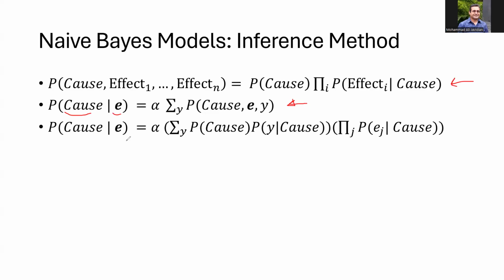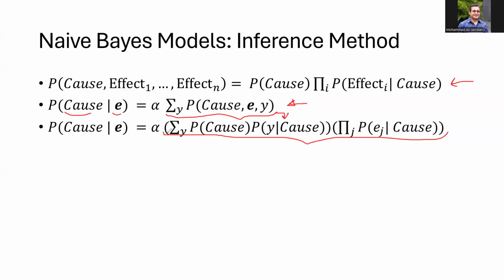As you can see, I write down this summation, using the chain rule and expanding it like this. So I use the first line, which is the chain rule, to expand the right hand of the second equation as this big multiplication in the right side of the third line.